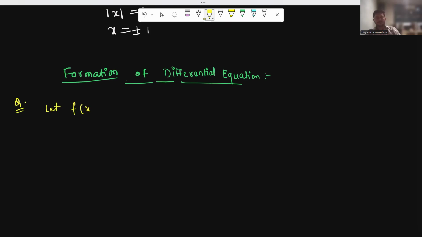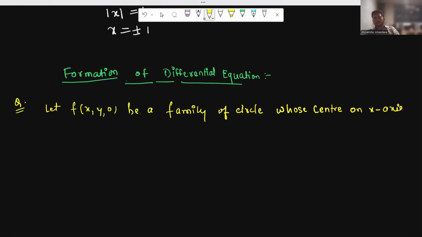Let f(x, y, 0) be a family of circles whose center is on the x-axis and radius is 5.